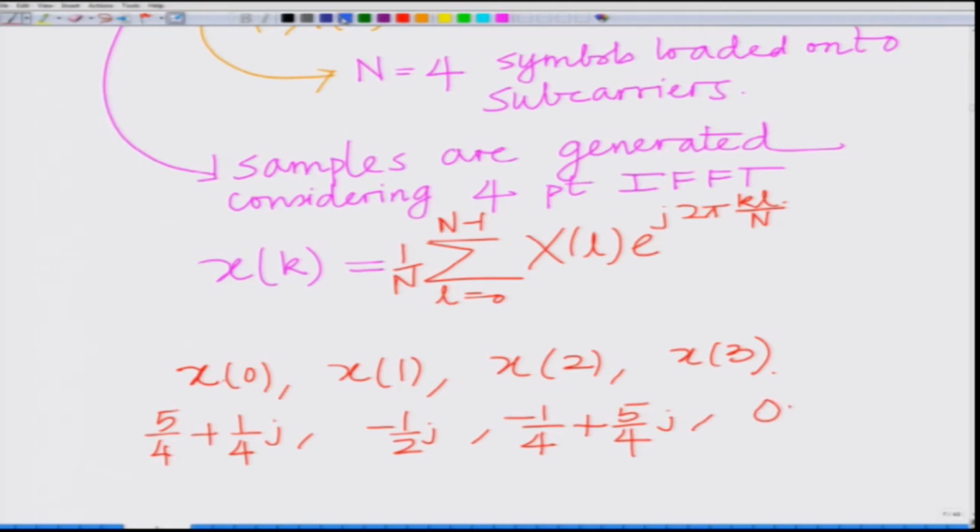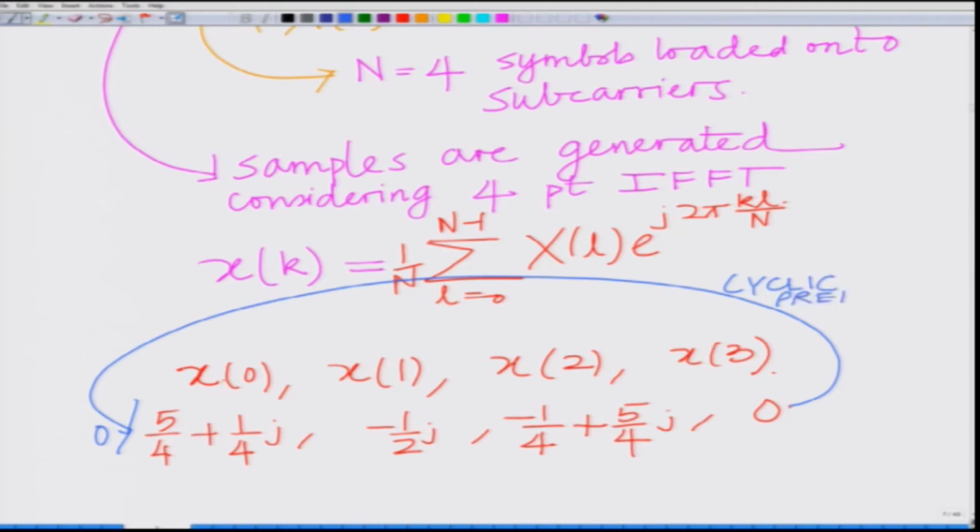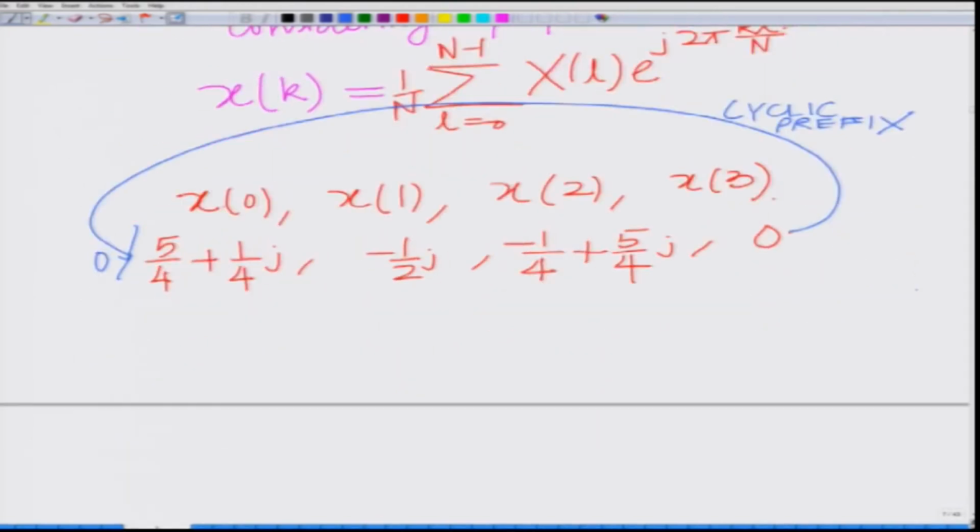And what we did later in the next step was to take this and prefix it before. This is termed the cyclic prefix. So this is the block of 5 samples with cyclic prefix.